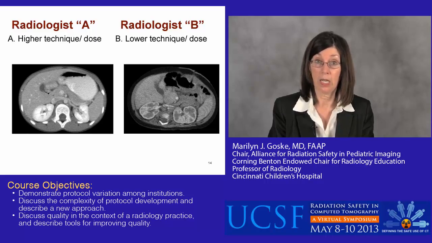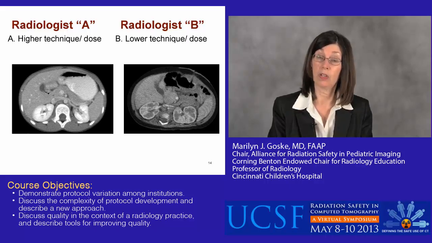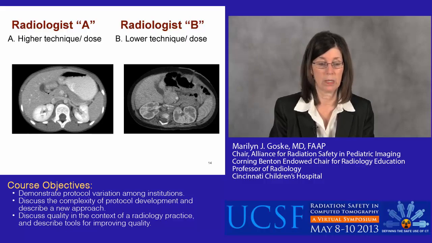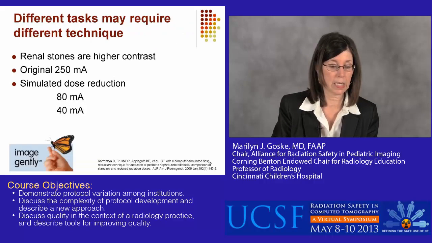And image A in a facility that may be primarily adult focused may require increased radiation dose and less noise to come up with their diagnosis, where at another institution, maybe a dedicated children's hospital, where they're used to looking at small bodies without much body fat, they may be able to accept more noise and a lower technique.